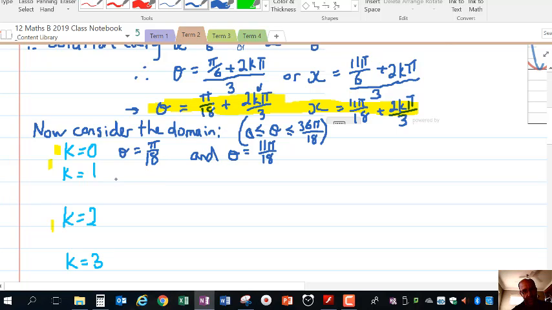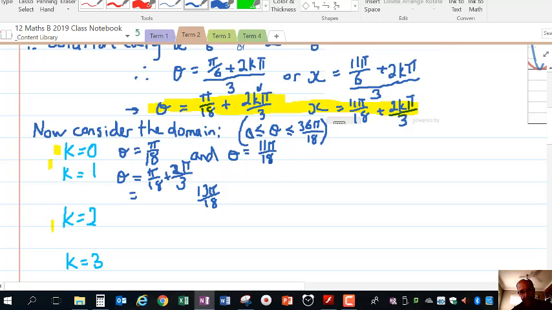So we'll have pi on 18 plus 2 pi on 3, because k equals 1. So 2/3 pi, now that's got to multiply numerator and denominator by 6, so that's 12 pi on 18. So 1 and 12 is 13 pi on 18.